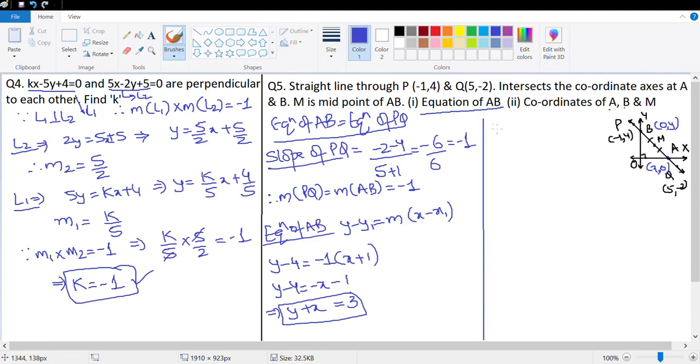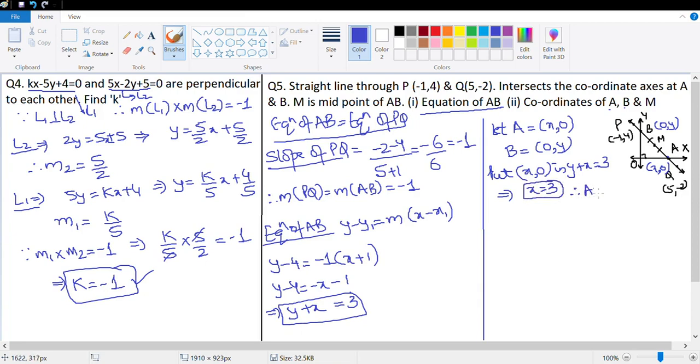Now since A lies on the x-axis, let A be (x, 0) and B be (0, y). Since A lies on the x-axis and it is on the line y plus x is equal to 3, put (x, 0) in the equation y plus x is equal to 3, which means x is equal to 3.